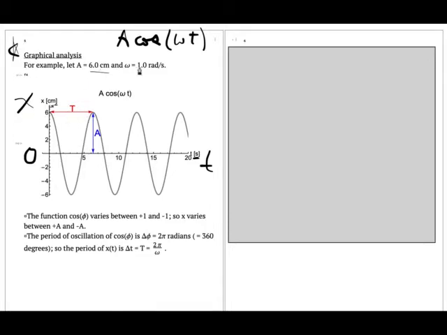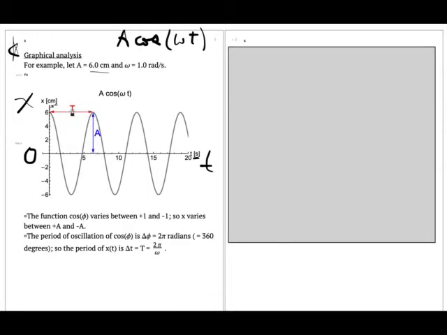And now what about omega? Well, actually, it's not very easy to say what omega is in this graph, but it's easy to say what the period is. The period is T. It's the time to repeat, the repetition time. So, for example, from a crest to a crest, a maximum positive displacement to the next maximum positive displacement, that's T, the period.